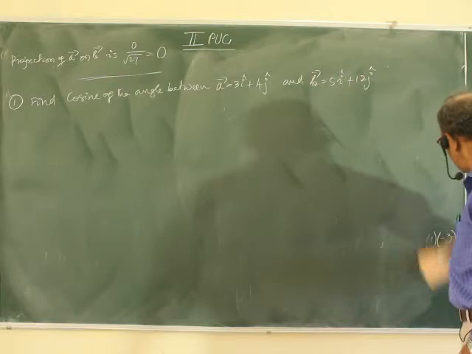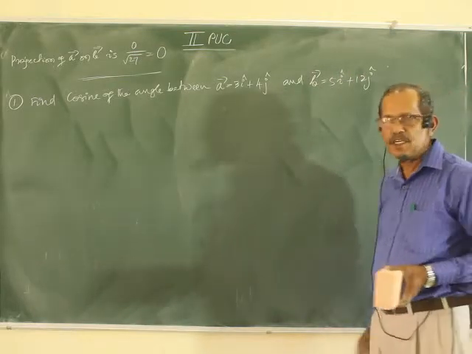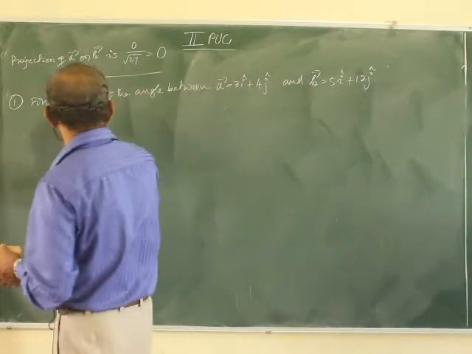Find the cosine of the angle between the vectors. Let me finish it a little faster.